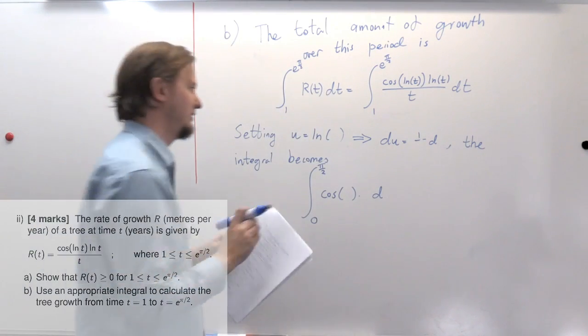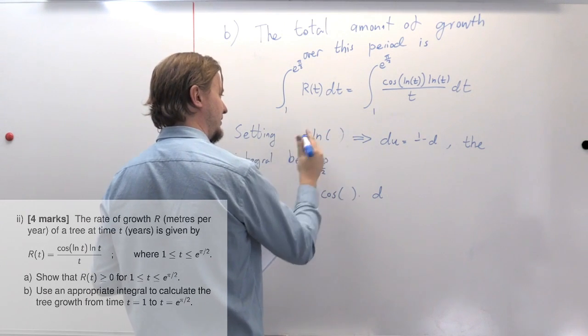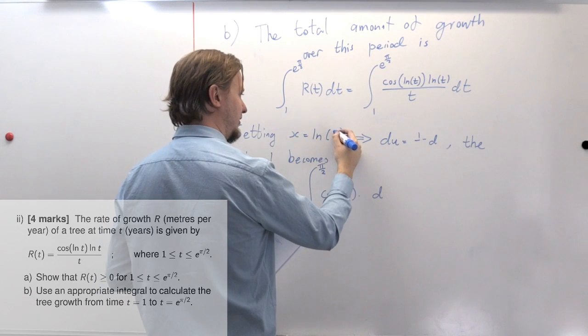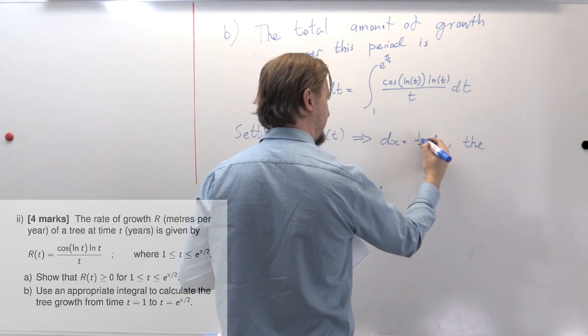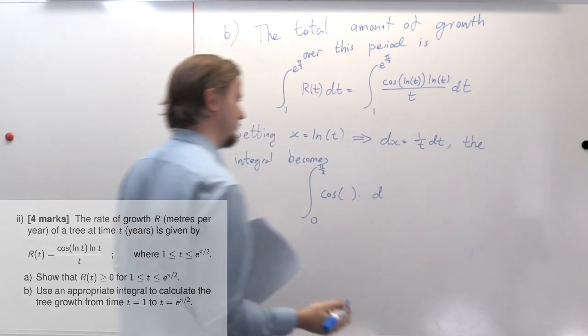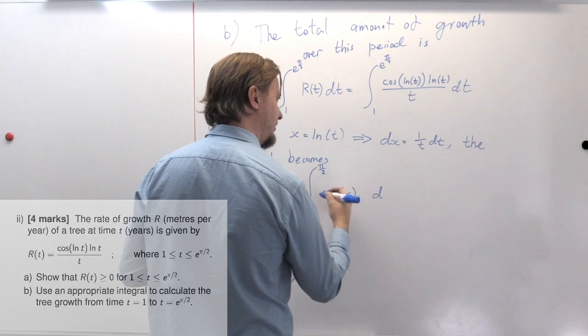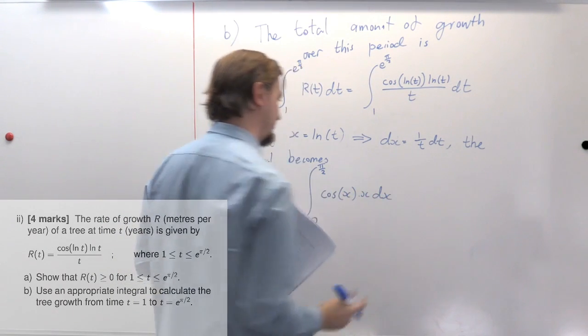So just to make the notation more standard, let's make x equal to the log of t, which gives me that dx is 1 over t dt. So this is actually just cos of x times x dx.